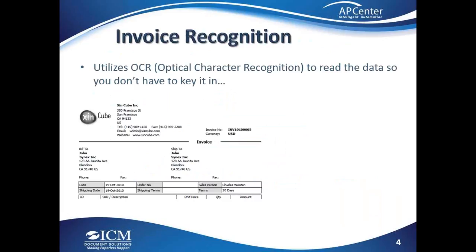So the first time that an invoice comes in, the system will have no information about that vendor's invoice and the format that it's in. What the OCR is trying to do is locate all of that header level information, including your invoice date, your invoice amount, what vendor is providing the invoice, etc. As the first few invoices are indexed from that particular vendor, it learns where the data is on the form.